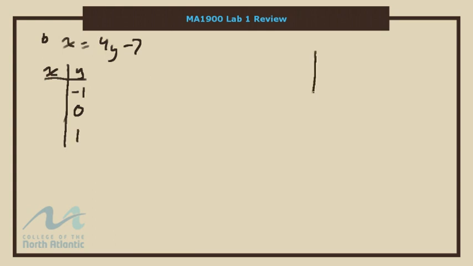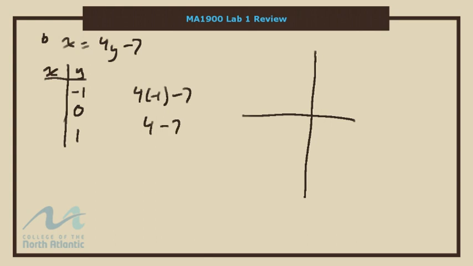So here's my graph area. So I'll just substitute my y, so I'll have 4 times minus 1 minus 7, which is 4 minus 7, which is going to be minus 3.